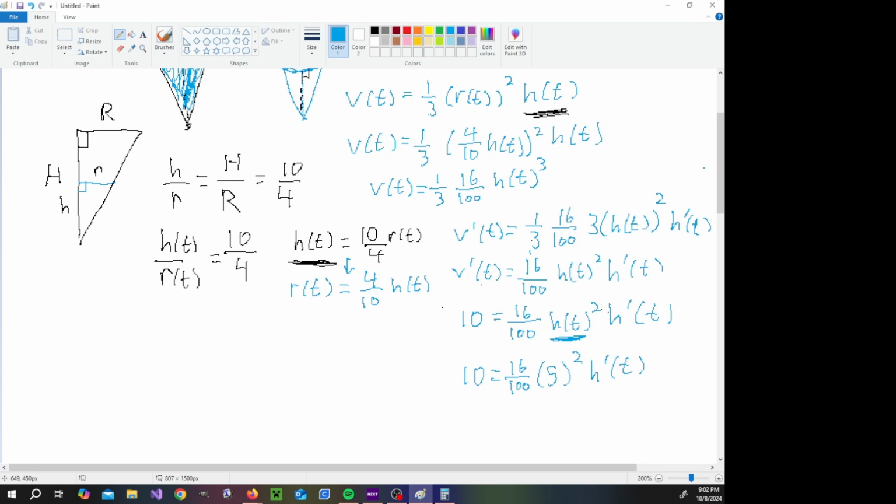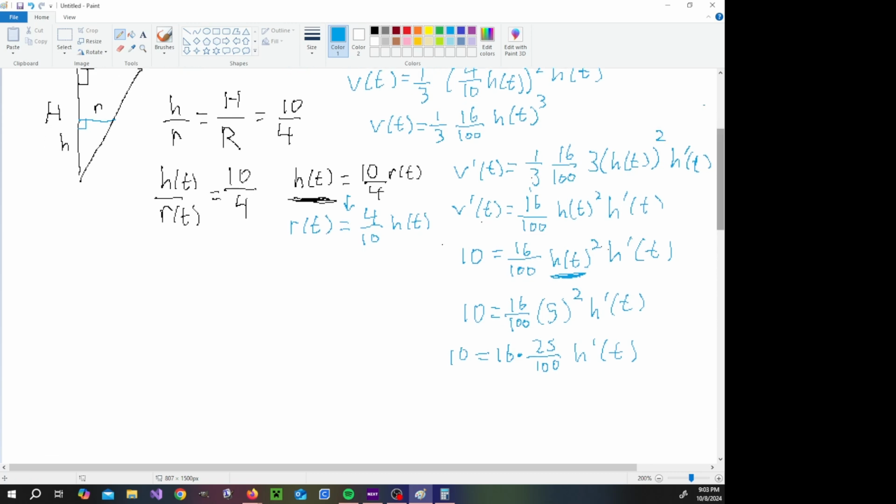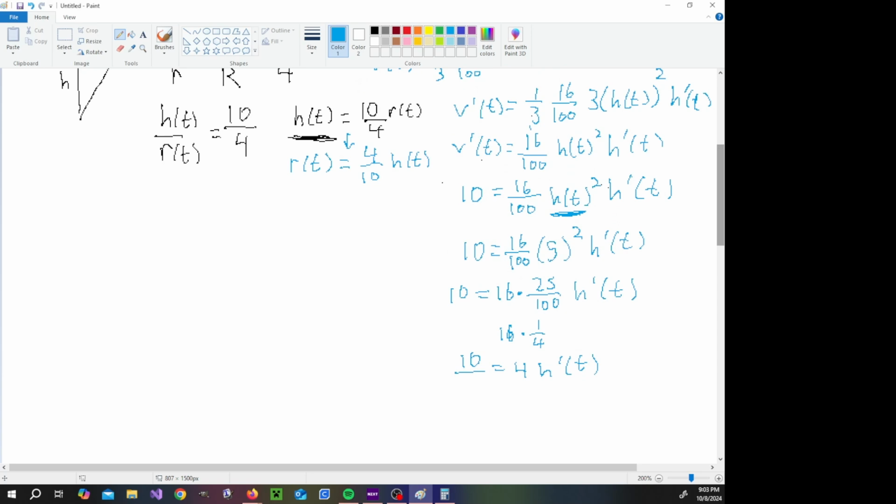Now, 5 times 5 is 25, so 25 over 100 times 16 times h prime of t is equal to 10. Well, 25 over 100 is 1/4, and 1/4 times 16 is actually just 4. So 10 is equal to 4 h prime of t, so h prime is equal to 10 over 4.